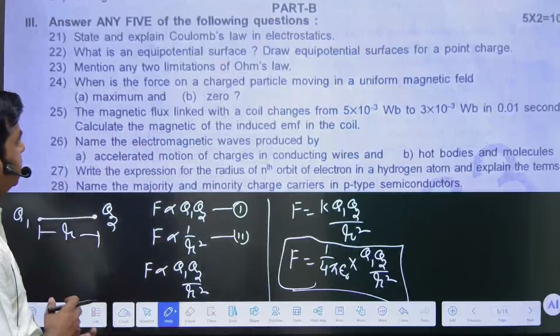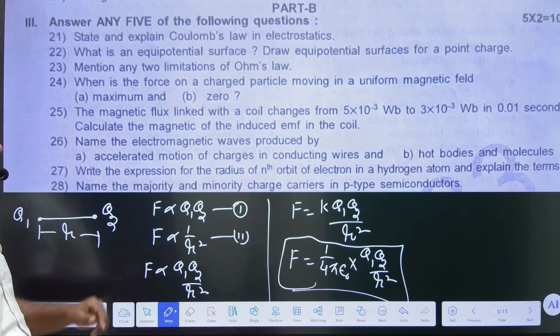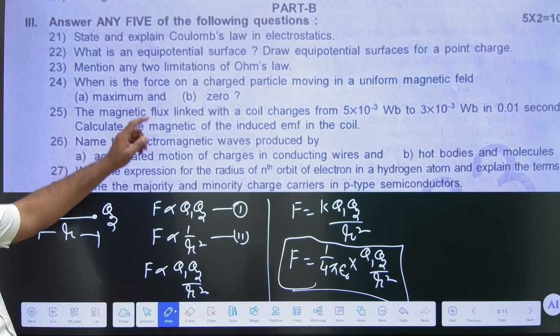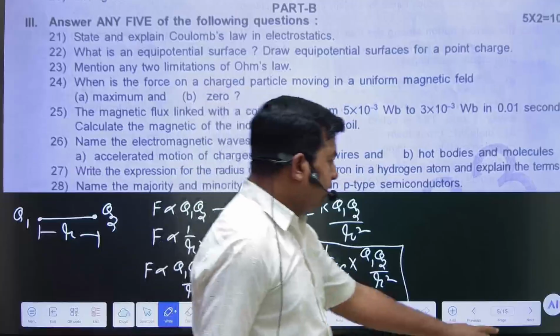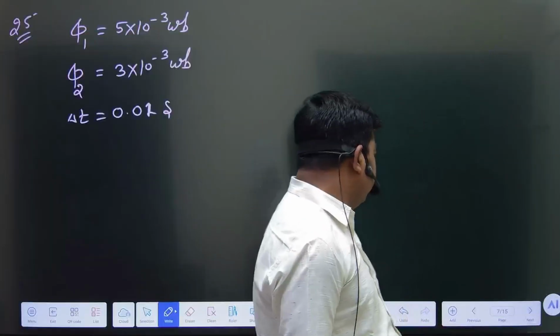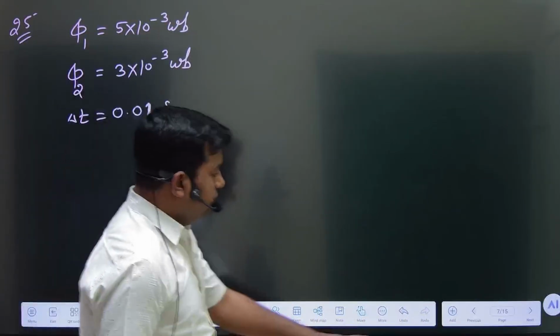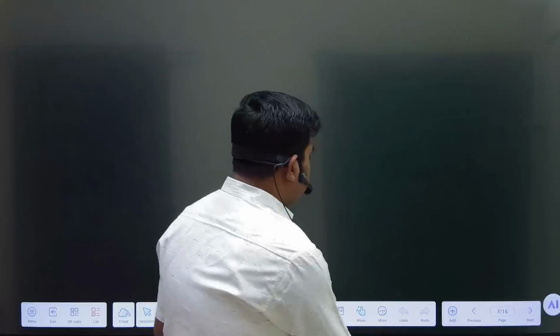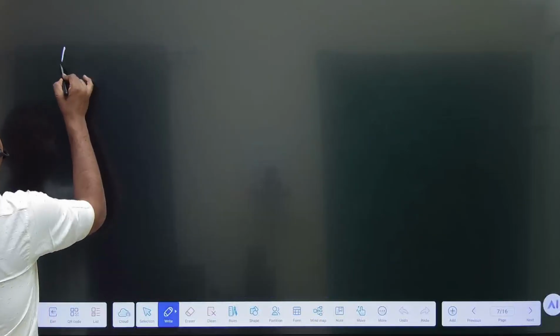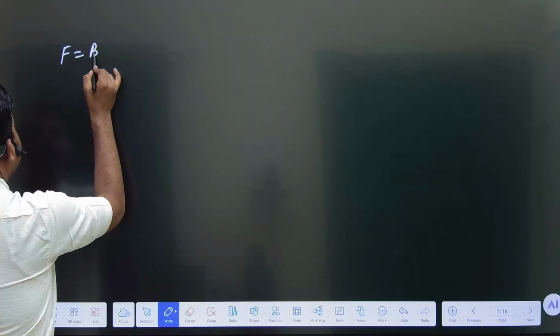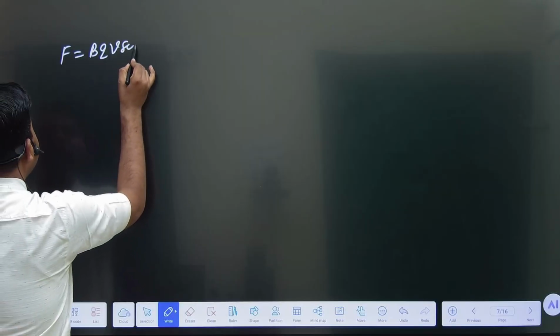Now move to the next question. When is the force on a charged particle moving in a uniform magnetic field maximum and zero? First of all, we know that the force on the charged particle in a uniform magnetic field is F equal to BQV sine theta.